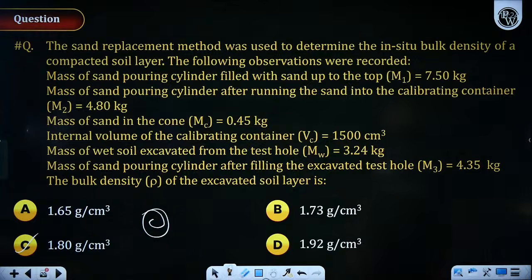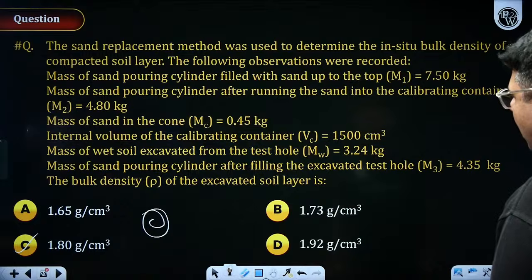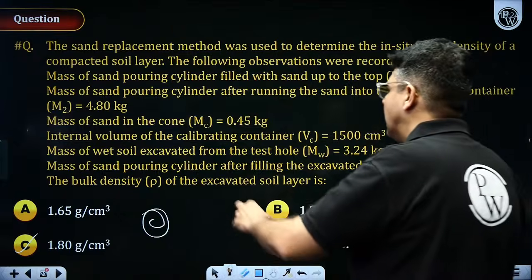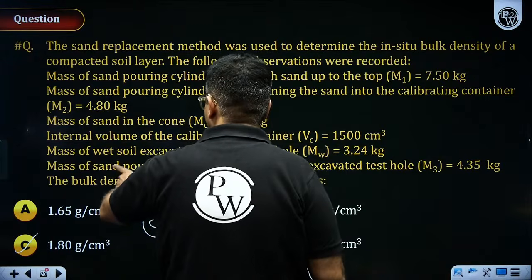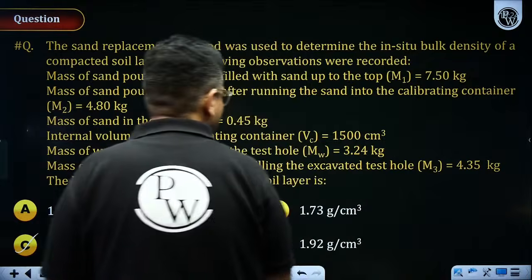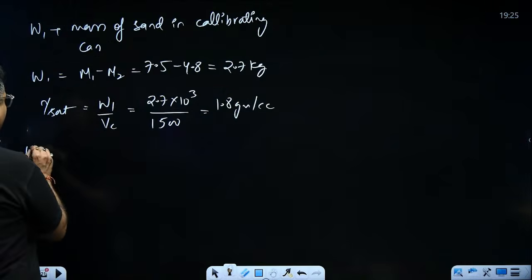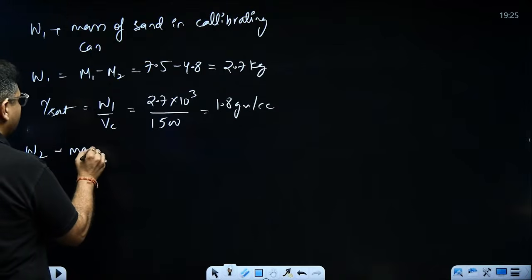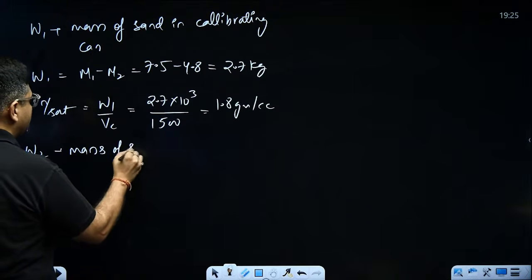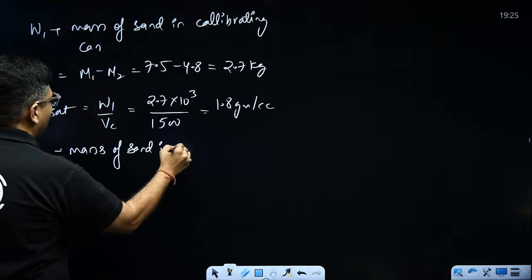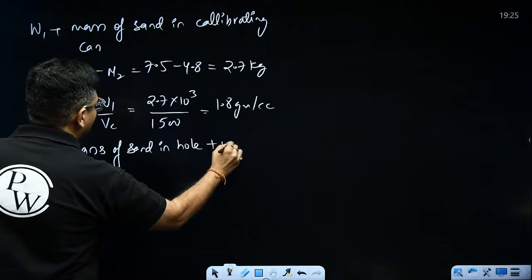Now, mass of sand pouring cylinder after filling the excavated hole. It was 4.8 till here. After that, this is W2, mass of sand in hole plus cone.